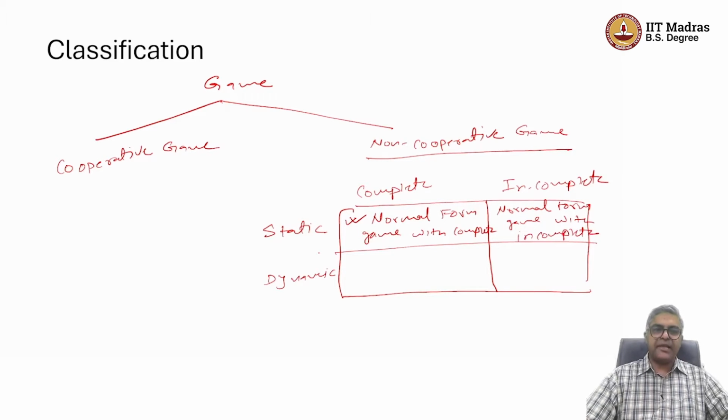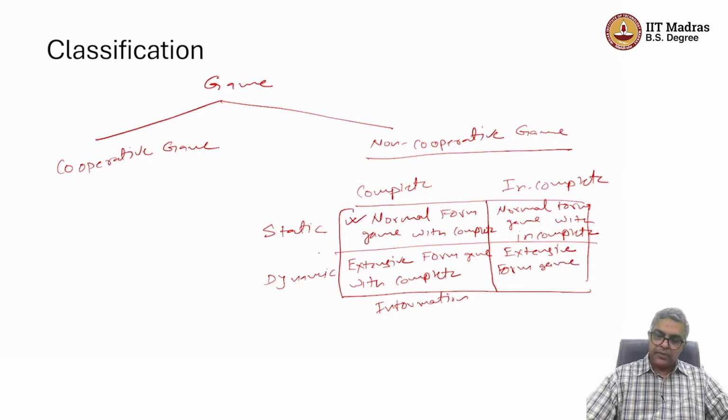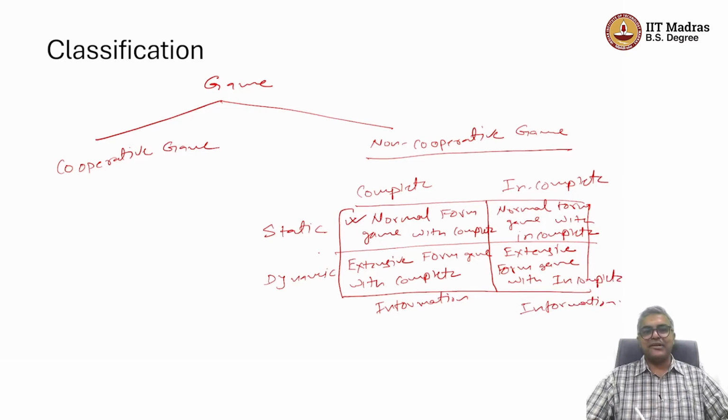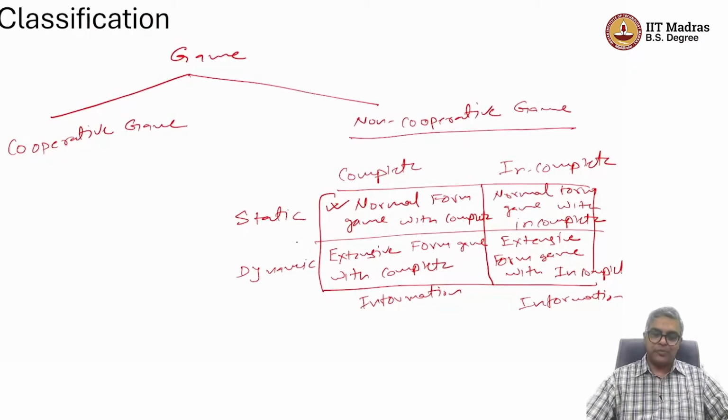Here we have dynamic game, or we can also call them extensive form game, with complete information, and here we have extensive form game with incomplete information. Perhaps I should have had a larger table so that everything could be written.